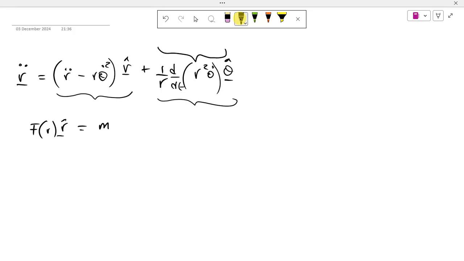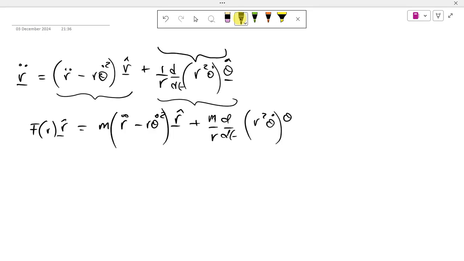You just multiply all of this by m to get the force, as I'm doing now, plus m over r d by dt of r squared theta dot theta hat.